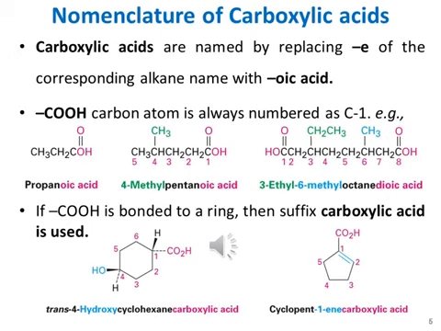We will discuss the acidity of the carboxylic acid. Before that, I have discussed shortly what carboxylic acids are and how they are named. Definitely we will use the names of carboxylic acids when we are discussing their acidity. That's why I have shortly introduced you to the nomenclature of the carboxylic acid.